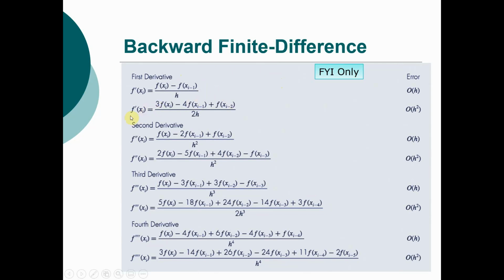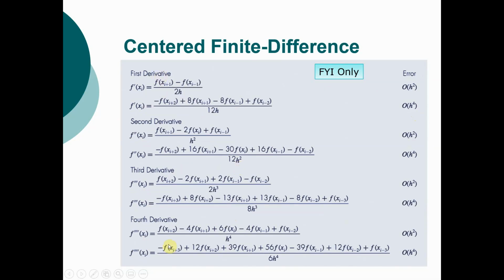You see that there is another variation of backward finite difference that uses 3 data points to approximate the slope of the tangent, or find the derivative of the function at xi. And if you use the second formula, the order of the error would be order of h squared. And similarly, we can find second, third, fourth order derivatives as shown here.